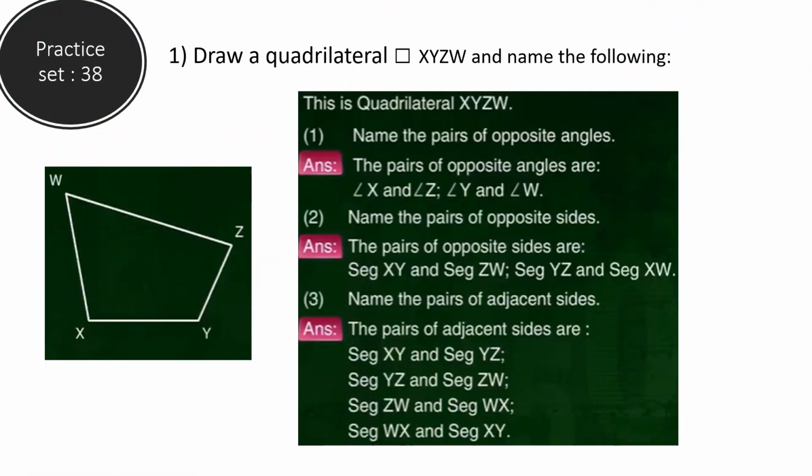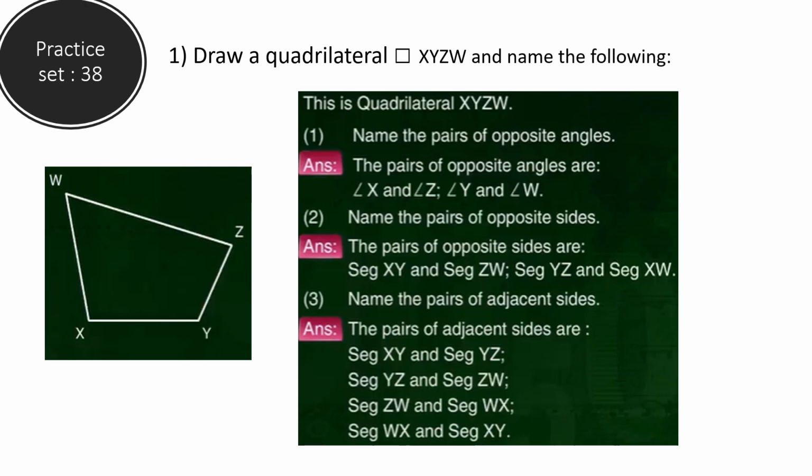is practice set 38. Draw quadrilateral XYZW and name the following. Pairs of opposite angles: angle X and angle Z, angle W and angle Y. Pairs of opposite sides: segment WX and segment ZY, segment XY and segment WZ.